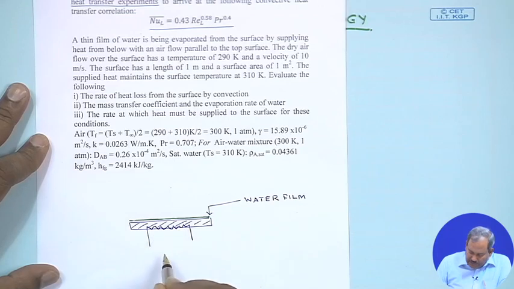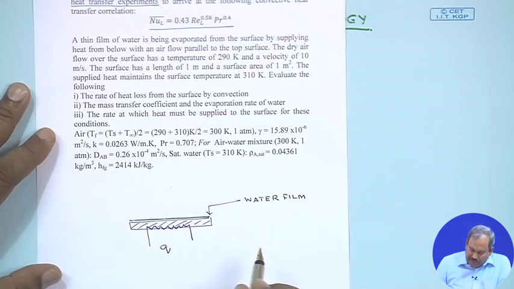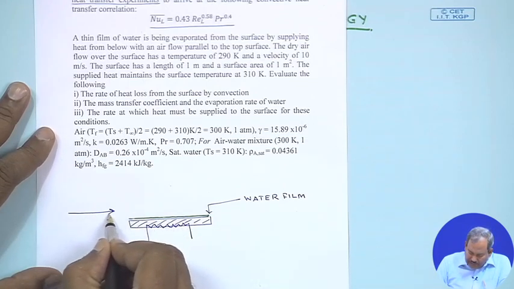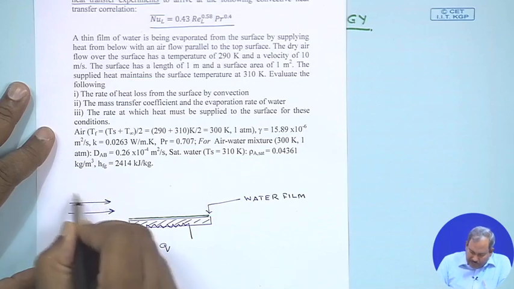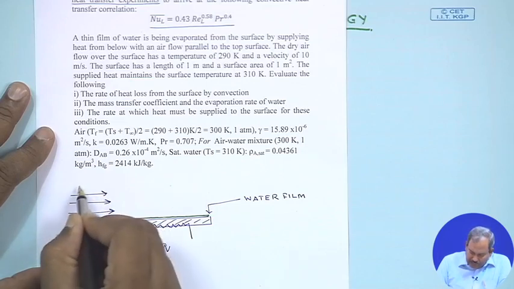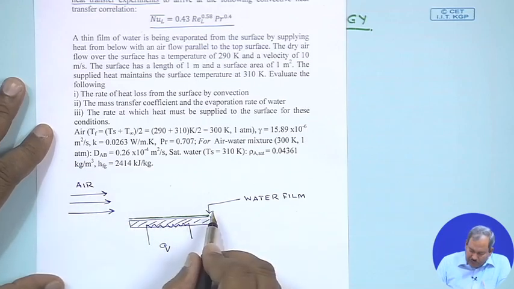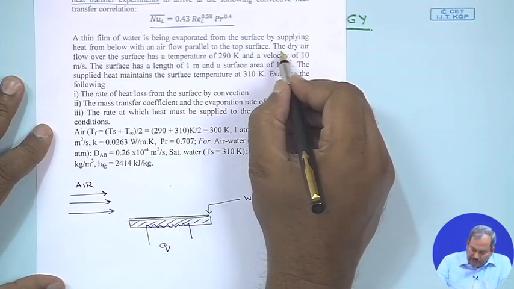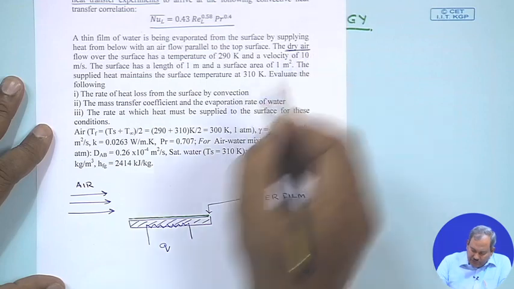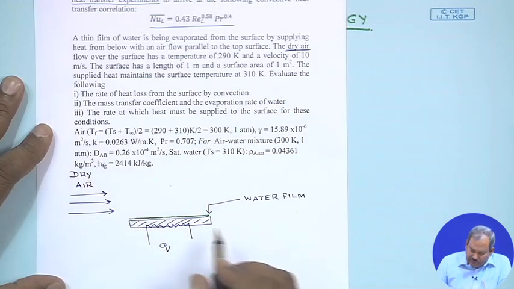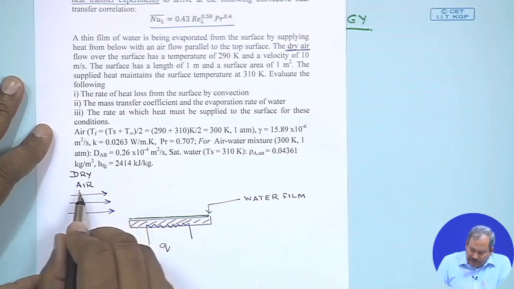You provide some heat from below, through electrical heating maybe, and you also have an airflow parallel to the top surface. This is the airflow which flows over the top surface. It has been mentioned that the air is dry, essentially signifying that it does not contain any water.